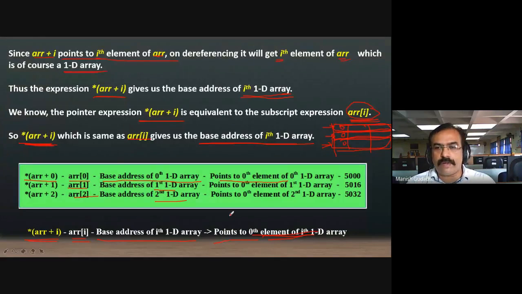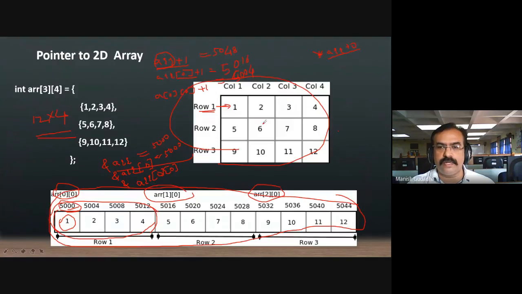Now we are talking about addressing one 1D array in a 2D array. Now we need to be able to address one element in a 2D array with the help of pointers. So how can we, it's just playing with indices or playing with addresses.